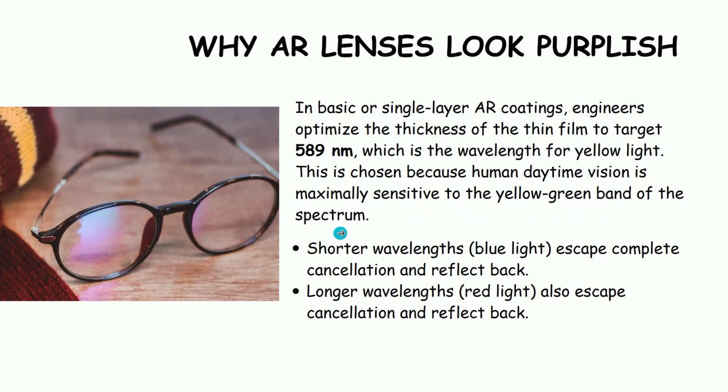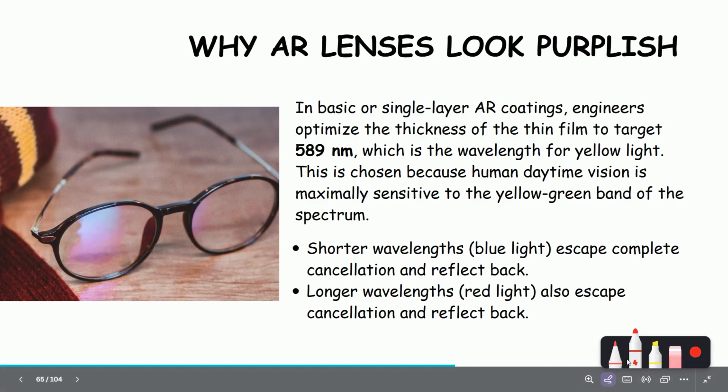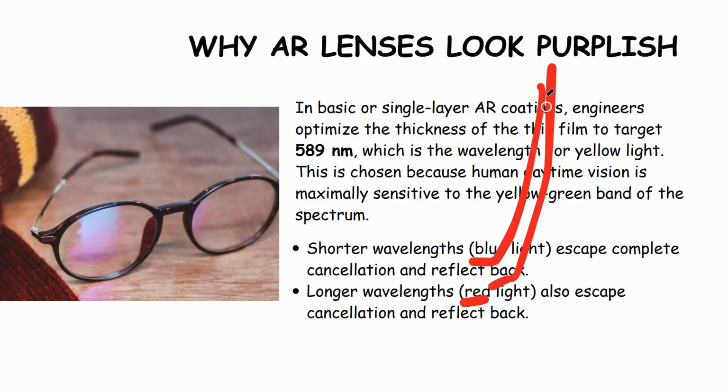So if you target the middle, the yellow to green band, that means you leave out the short wavelengths and the longer wavelengths. So the blue and the red mix. When this blue and red mixes, it will create a purplish color. That's why our AR lenses, especially if basic or single layer, will look purplish.